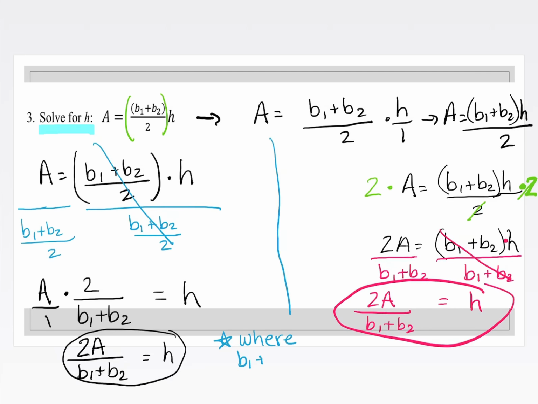The sum of b1 plus b2 cannot equal 0. Or in other words, b1 cannot equal the negative of b2. Now, oftentimes, if we're dealing with a real-world situation, bases would not have negative values, but we just have to put that little note in just for our answer to make sure that we are not dividing by 0 because b1 and b2 are not already predefined.